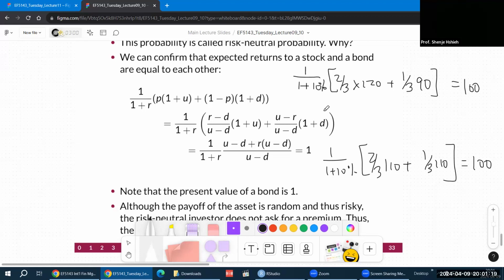It's 2/3, 1/3. So given these fake probabilities, it's as if the investor is risk neutral, right? Because this person, despite the risk of the stock, values the stock and the bond equivalently, and therefore he can discount everything using just R. And that's the conclusion here for the generic. So I'll leave that to you to work through, but you can just empirically verify these numerical examples yourself, right?